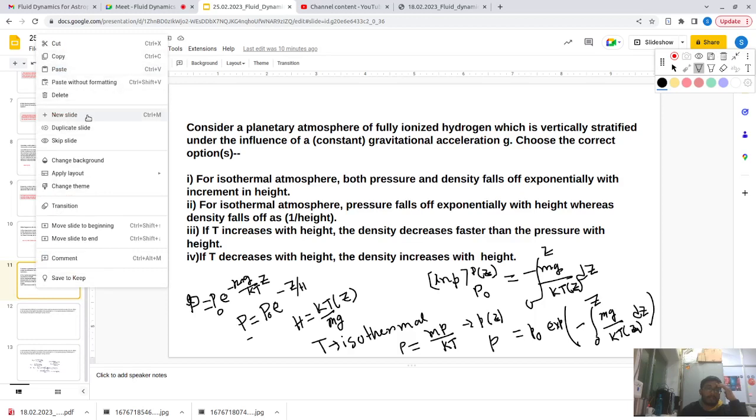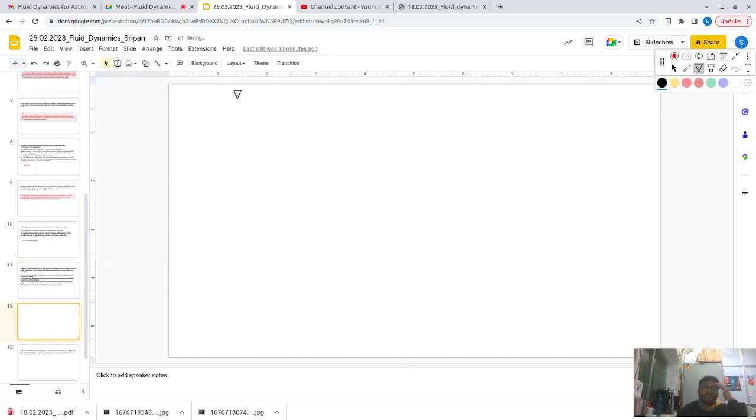So what we have is P as P naught exponential of minus the integral from 0 to z of mg dz by kT(z).